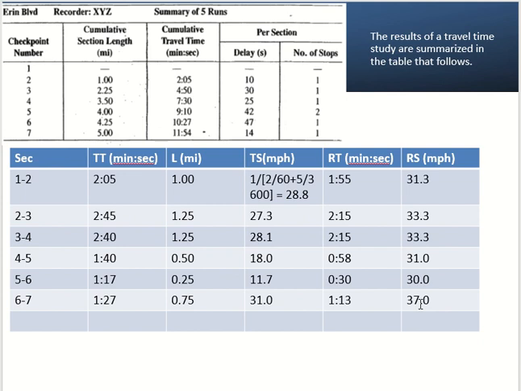The table shows, if you look at the top, it's a summary of 5 runs, meaning it's an average of 5. So these values are already an average. Whatever you are calculating is the average of each section. No problem. Clear?